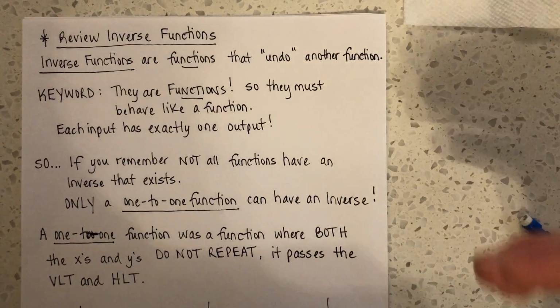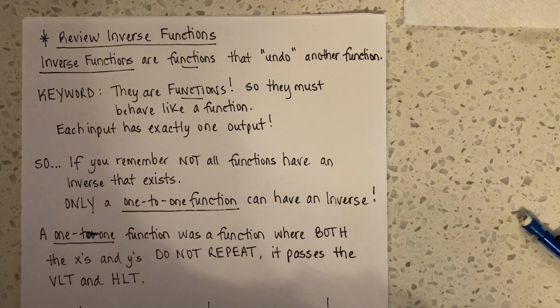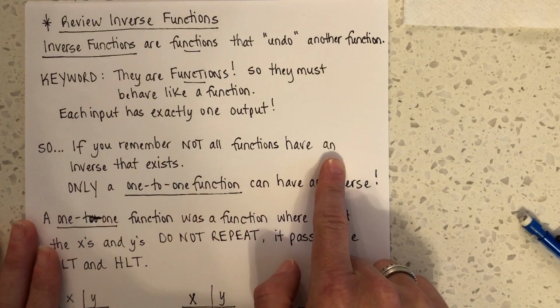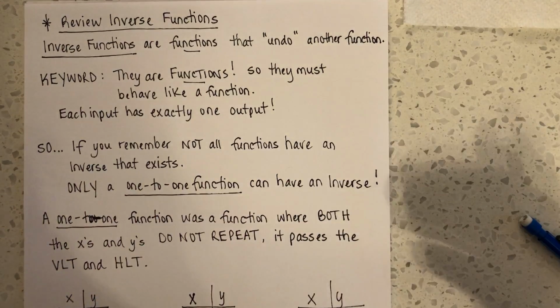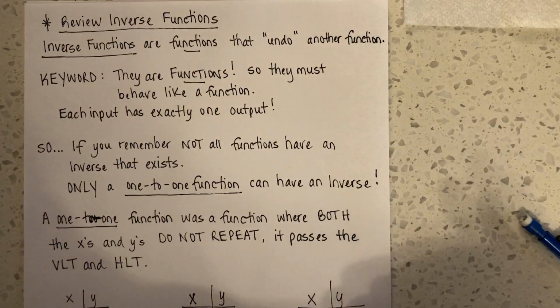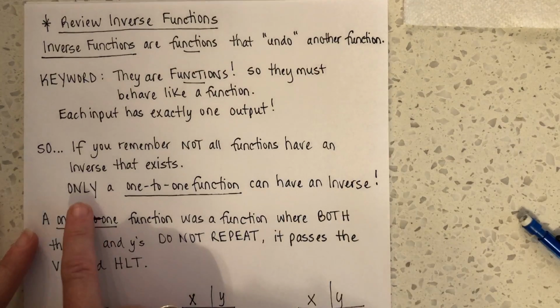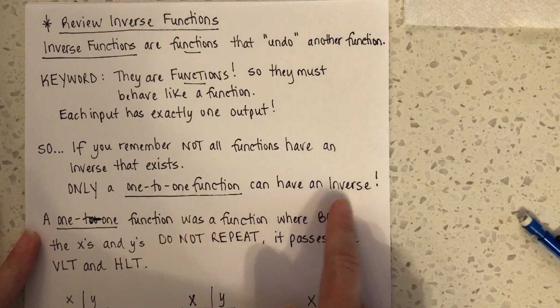Each input, each number that you plug in, has exactly one number that should come out for that input, all right? So if you remember, not all functions have an inverse that exists, okay? When we were working with inverses, we saw that not every function can have an inverse, right? So only a 1-to-1 function can have an inverse.